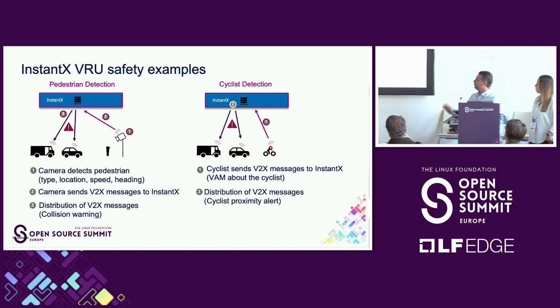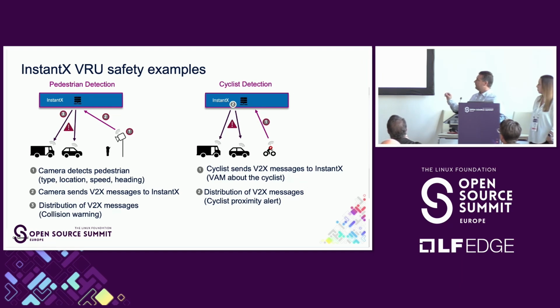So in these two examples, in the first one we have a camera that is able to detect a pedestrian, and then when it is detected, it creates a message that is sent in real time to the InstantX platform, and it is distributed to the rest of the users that are on the road, so cars, trucks, or even authorities to control the traffic.